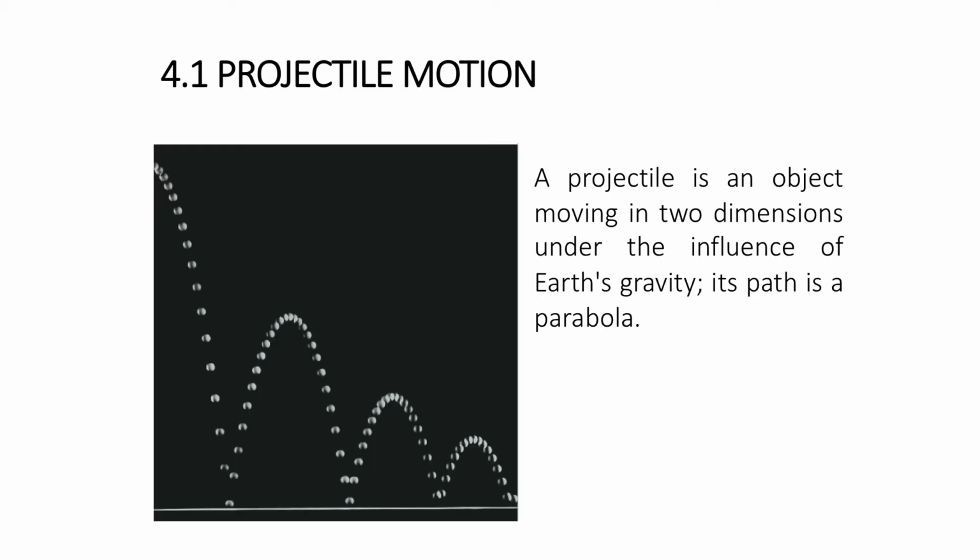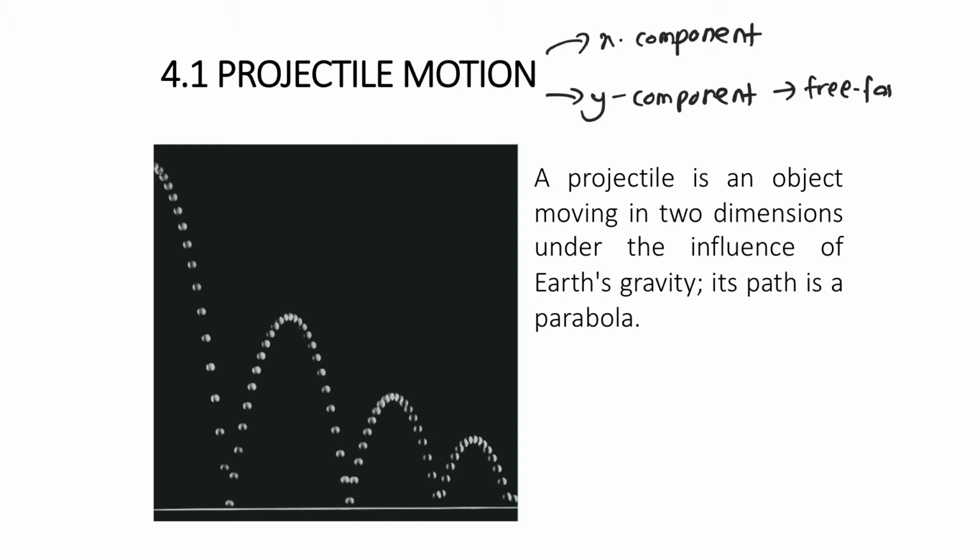You need to understand that projectile motion basically consists of 2 components, which are the x component and the y component. For the y component, the concept you need is free fall.